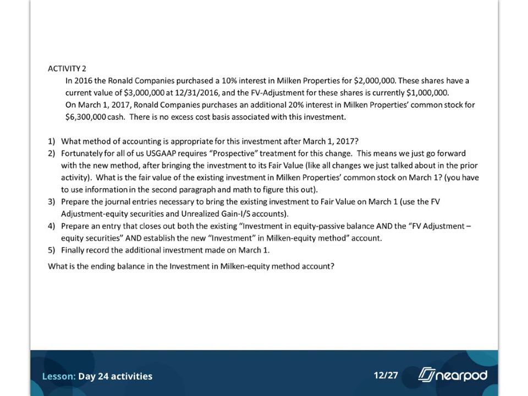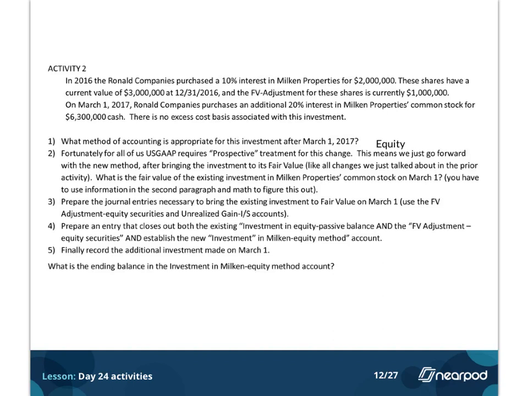And then we talked about the category between 20 and 50% would be the equity method. So this particular problem is a situation where you had a 10% interest and we buy 20% more, which obviously throws us in combination above 20%. So we're moving from a passive equity investment to an equity method investment.